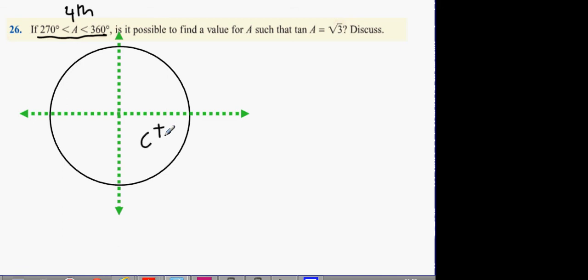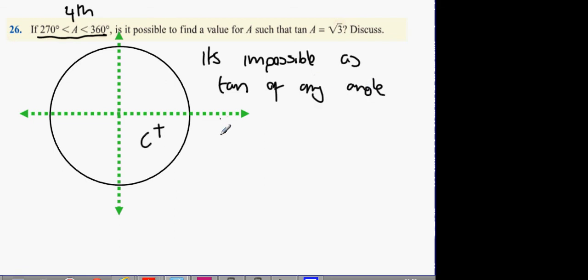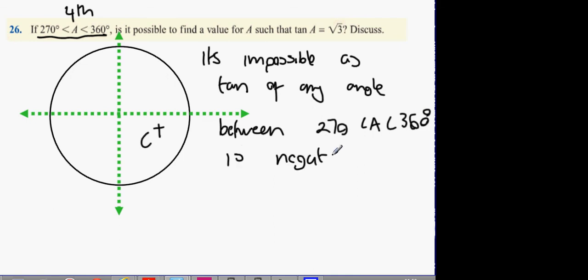In the fourth quadrant, only cos is positive. So the answer is, it's impossible, as tan of any angle between 270 and 360 is negative. How do we know tan is negative here? Because of the rules, ASTC.